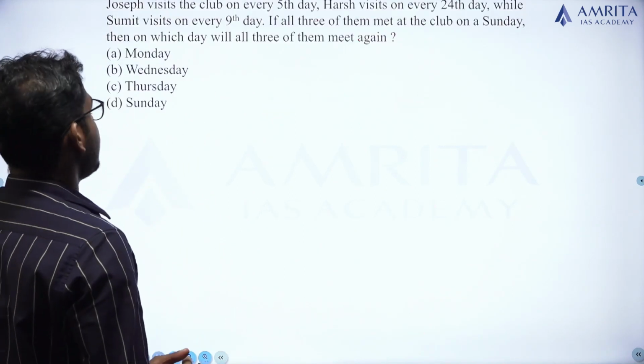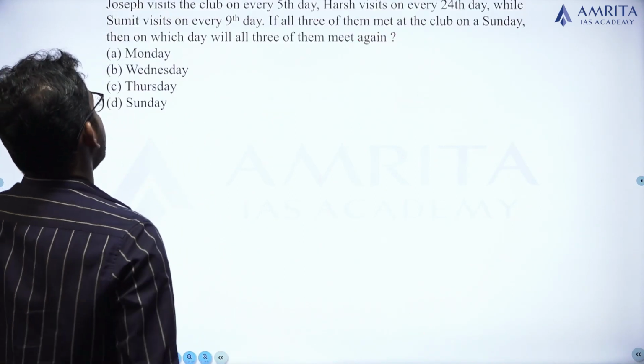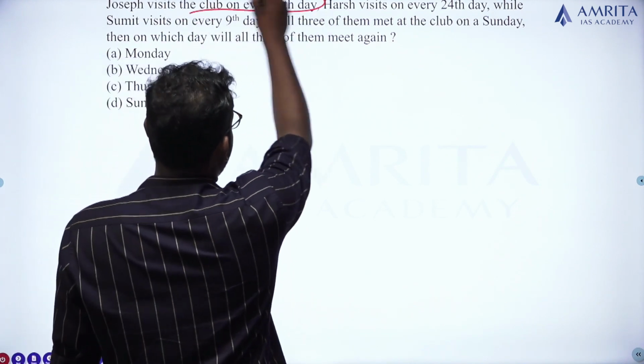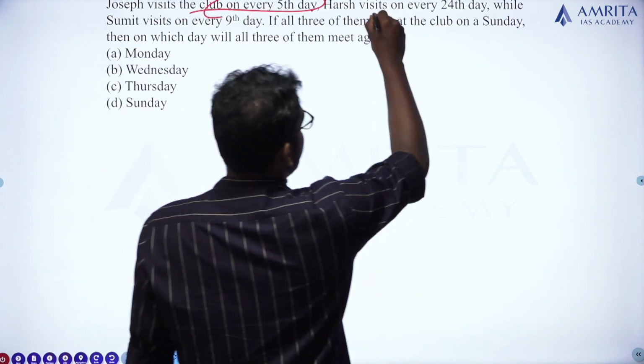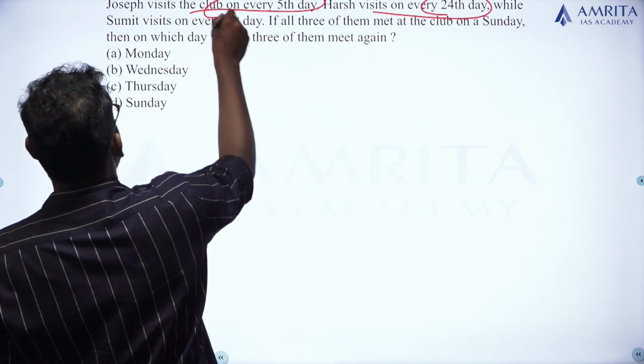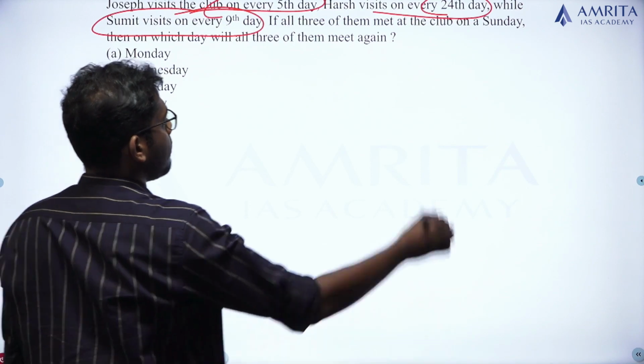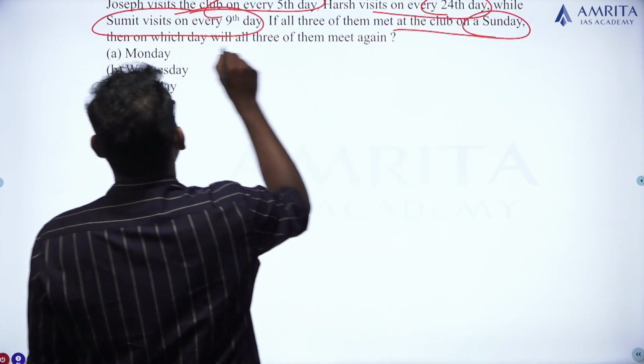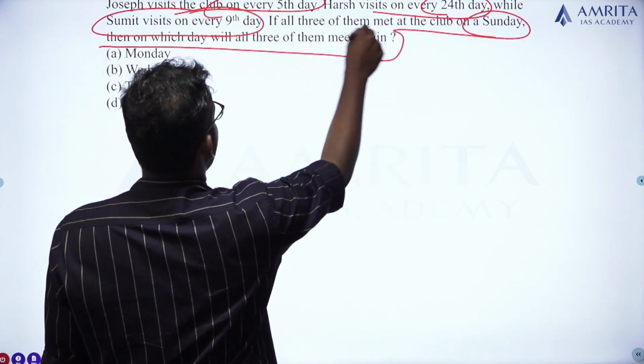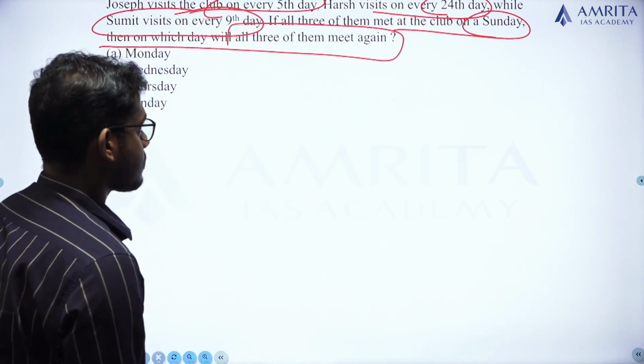Moving to the next question, and it is the last question from the topic. Joseph visits the club on every 5th day. Harsh visits on every 24th day, while Sumit visits on every 9th day. If all 3 of them met at the club on Sunday, then on which day will all 3 of them meet again?